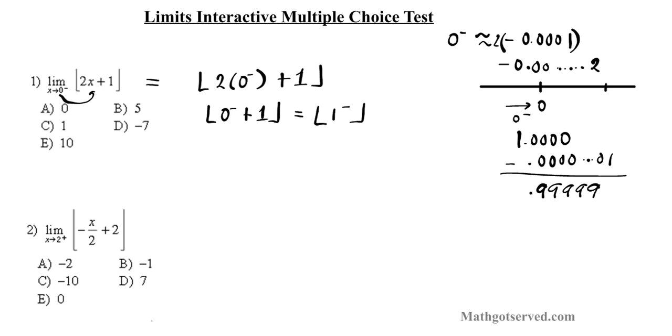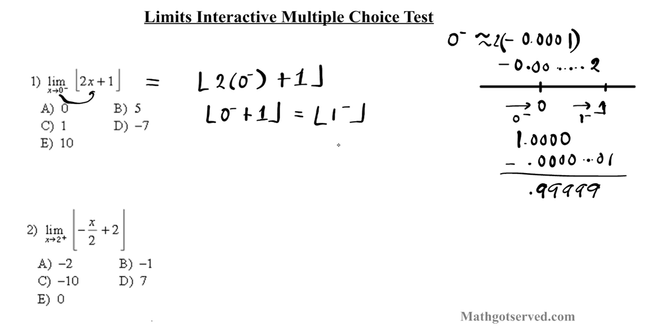So if you have 1 here, where is 0.99999? It's to the left of 1, so it's as though you're approaching 1 from the left. So 1 from the left is what you get when you add 0 from the left, an infinitely small negative number, to 1.